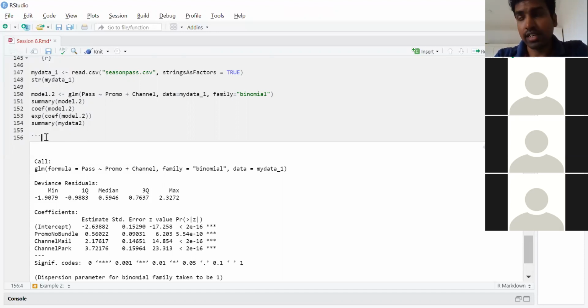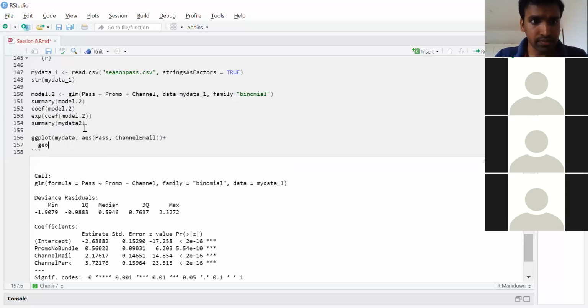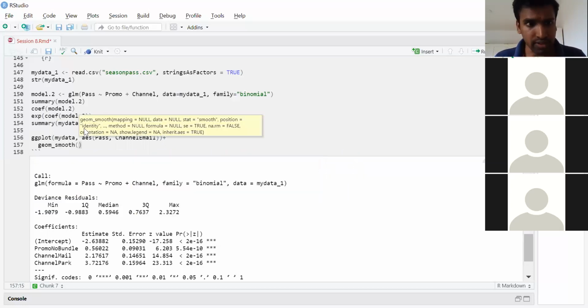For example, say you're trying to run a ggplot2, right? So ggplot, my data, comma, aes of pass, and imagine that you extracted only channel email, and keep that one on top, okay? Then go for geom_smooth and write all the functions that are required.